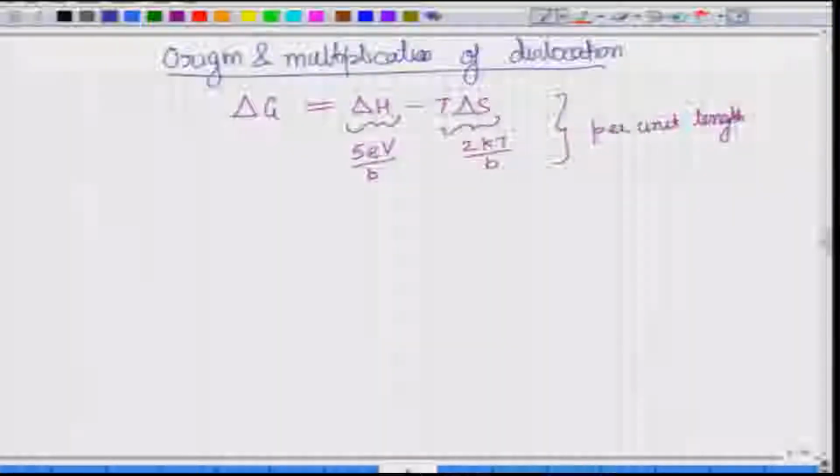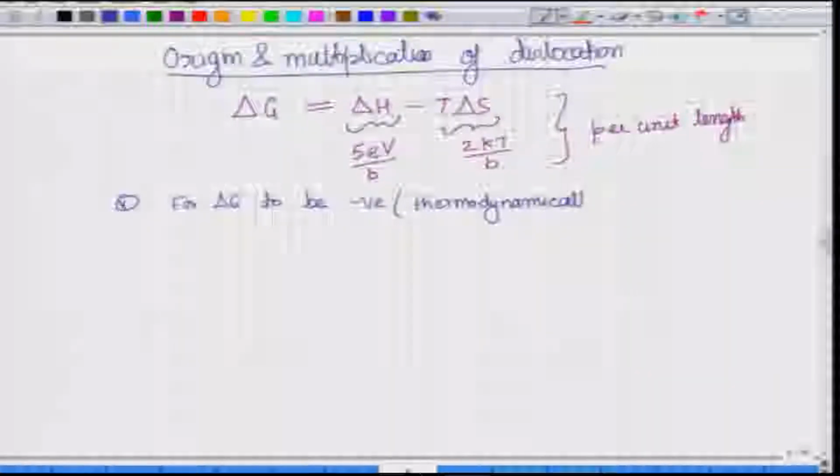For delta G to be negative, which is when we can say that at this particular temperature this is a thermodynamically stable quantity, we have to find a temperature range.